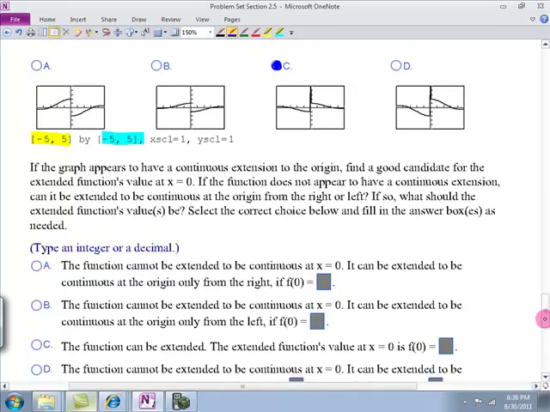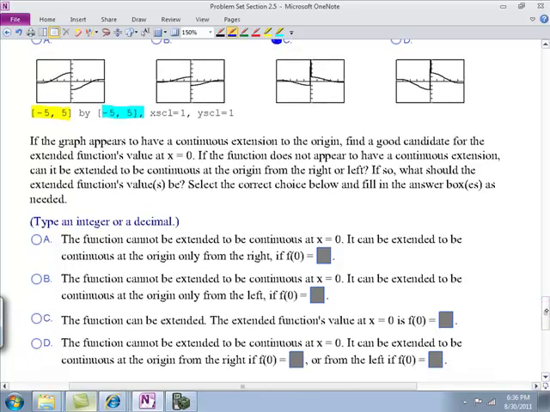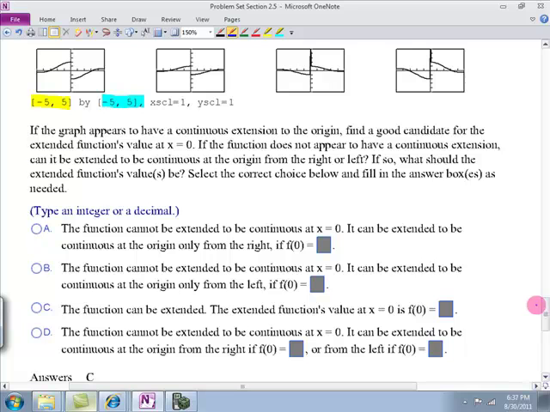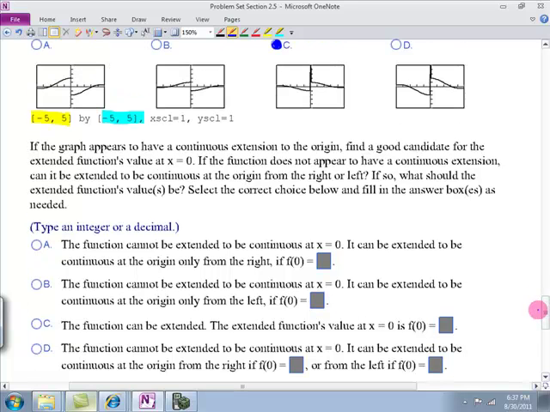Okay, so look at your choices. Which one makes the best sense?